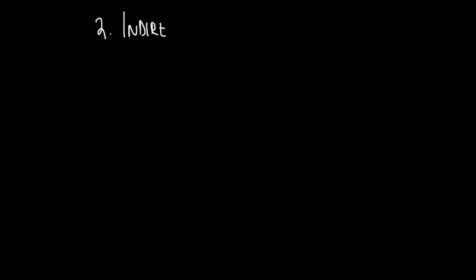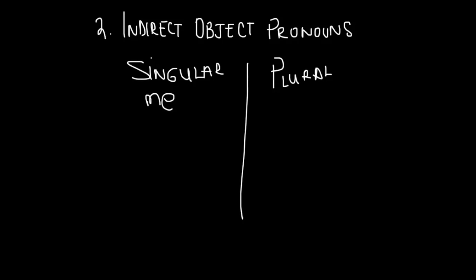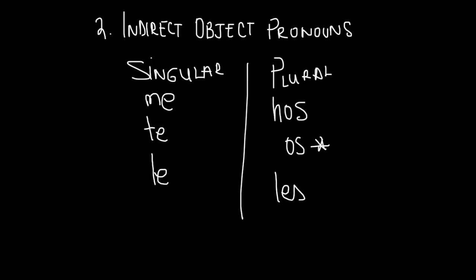So now let's take a look at indirect object pronouns. Just like direct object pronouns, we also have singular and plural. So in the form of yo, it will be me, tú, te, but él and ella is le, nosotros, nos, again, os, just in Spain, and then les for ellos, ellas.